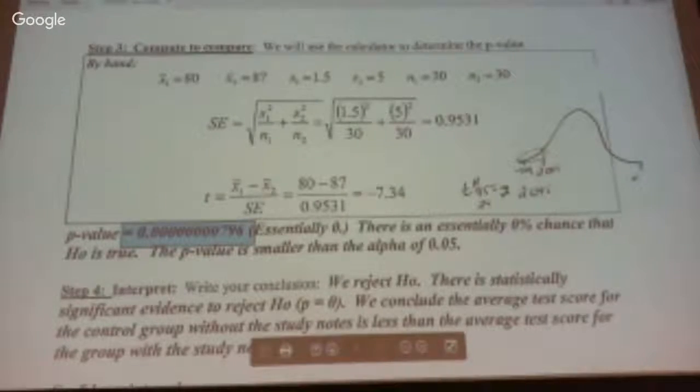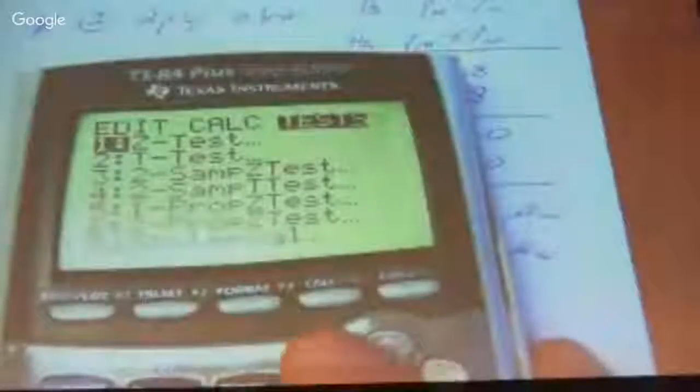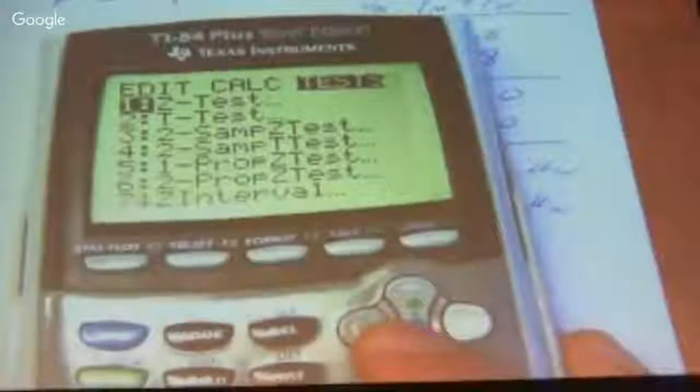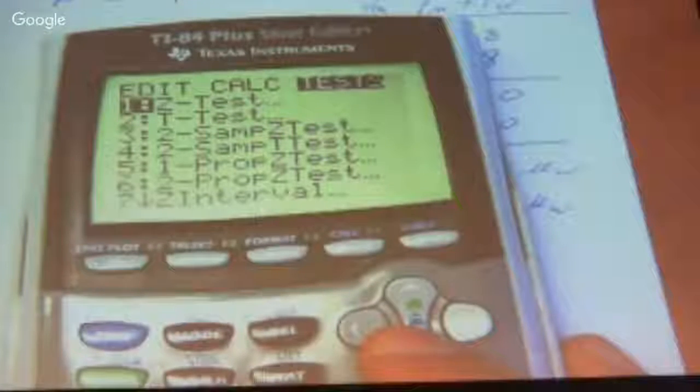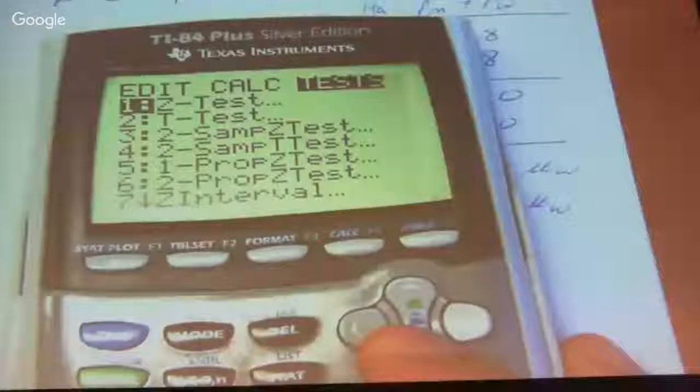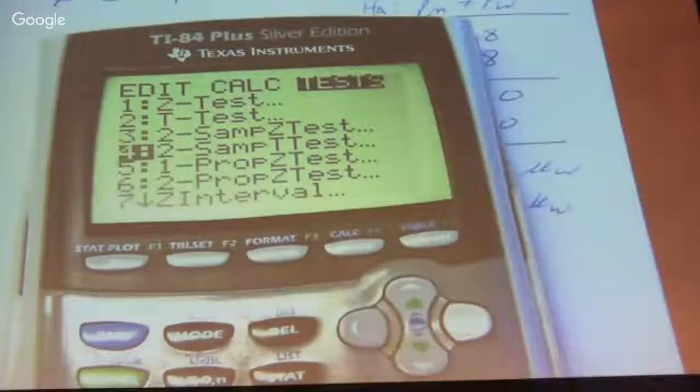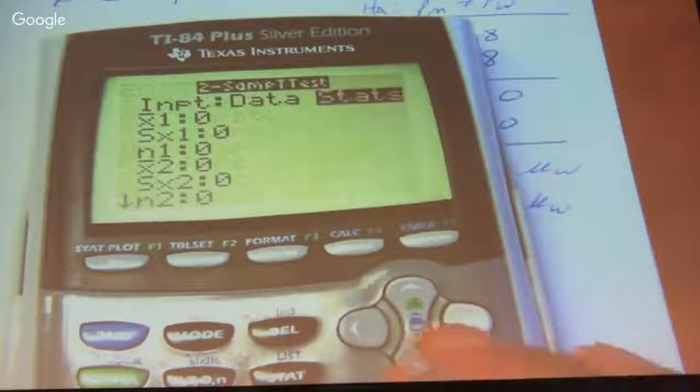We'll do it in the calculator real quick. So stat, test. Which test are we going to do? Which number? 4. 2-sample t-test. We put in the numbers.